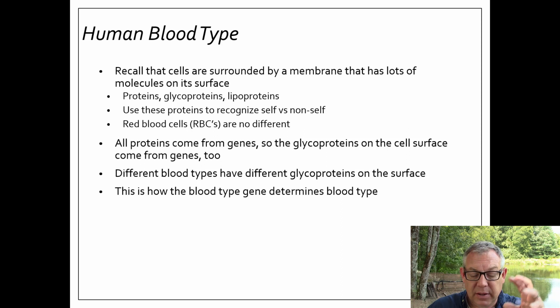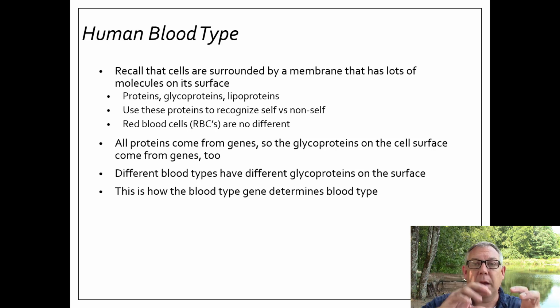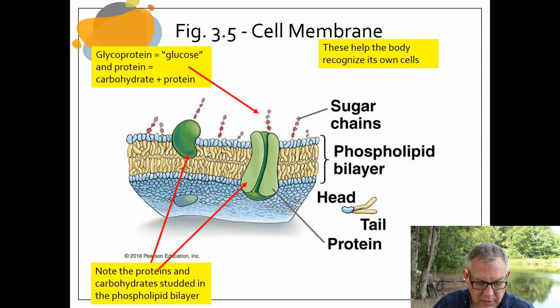Different blood types have different glycoproteins on their surface. And that's how the blood type gene determines blood type. You've got this gene, it's got different forms, the gene makes protein, that's what genes do, but different forms of the gene make slightly different proteins, and those proteins, in this example, are what gets stuck on the outside of the red blood cell. That's how you get different blood types.